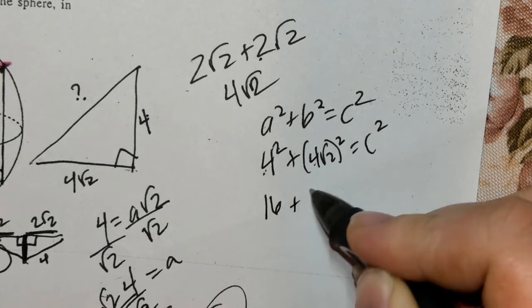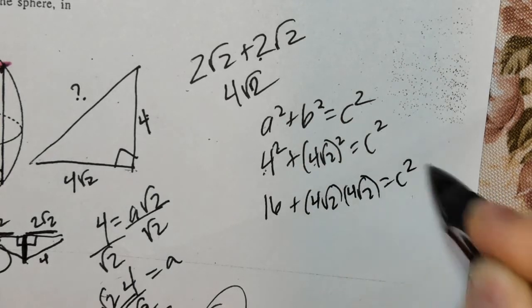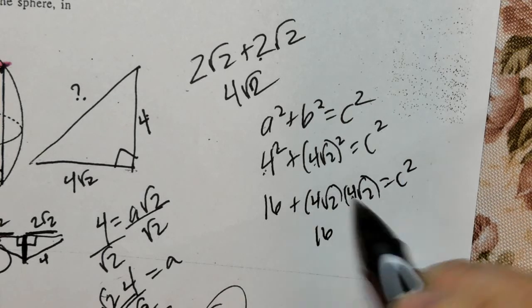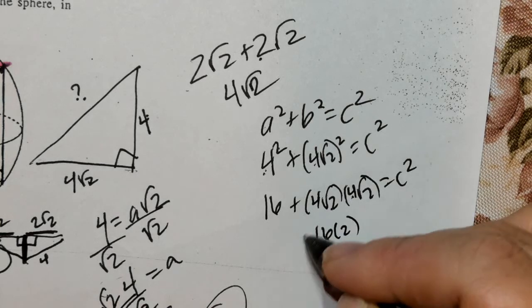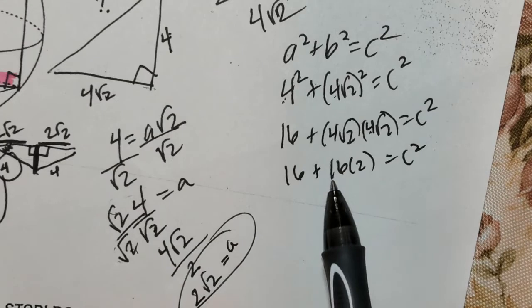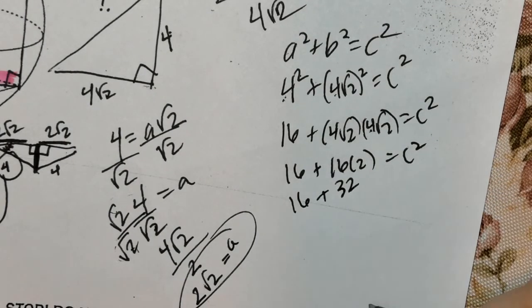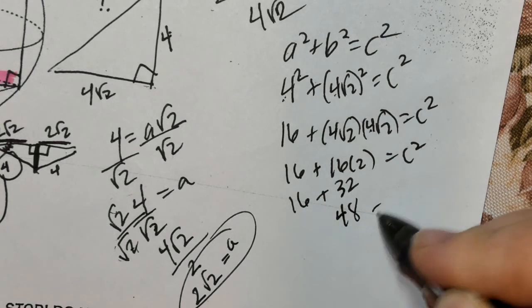Remember, squaring means to write it twice. 4 radical 2 times 4 radical 2 equals c squared. 4 times 4 is 16. The square root of 2 times the square root of 2 is 2. And now I have 32 plus 16. 32 plus 16 is 48.